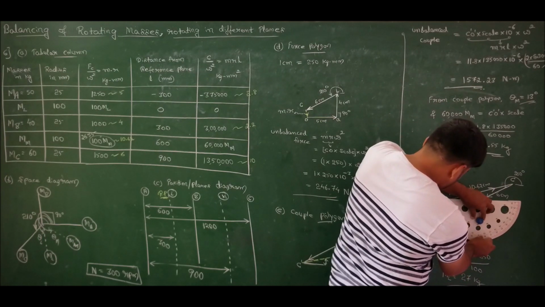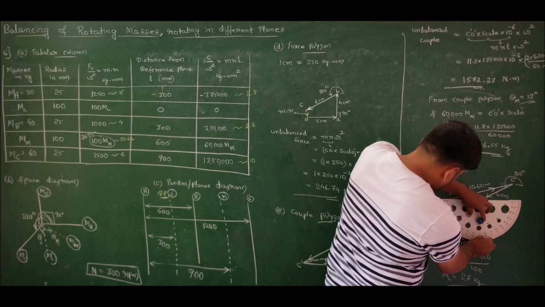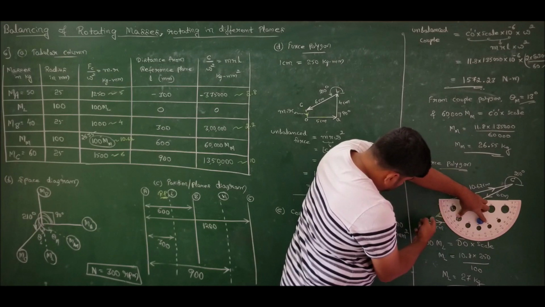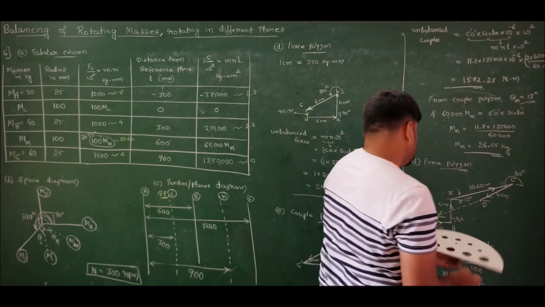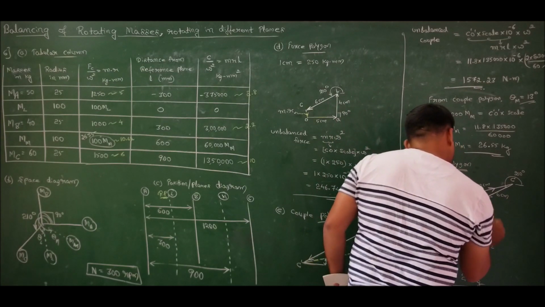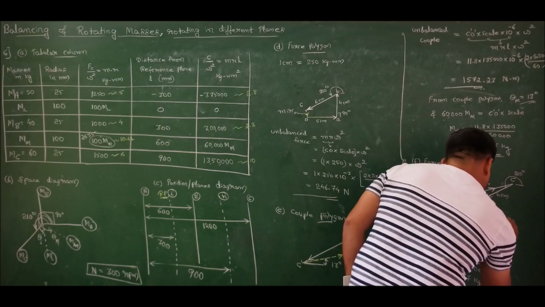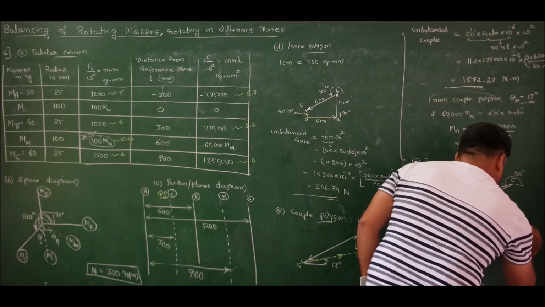Now I should measure 180 plus 20, which is 200. So this angle is measuring 200. So theta L is measuring 200 degrees.